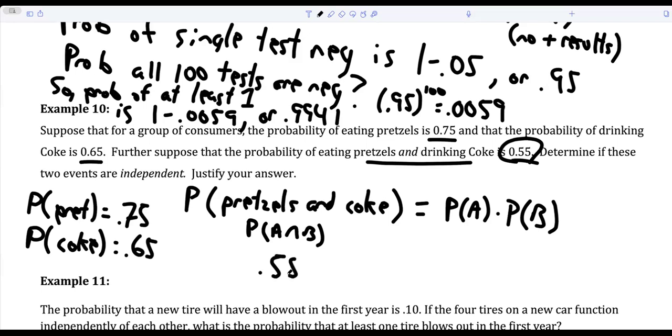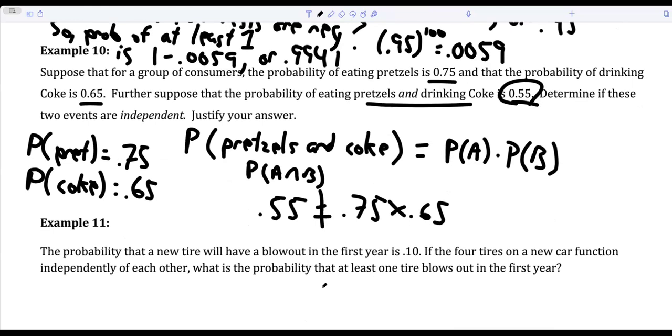So we do 0.55 and we check to see if that is equal to 0.75 times 0.65, and it must be exactly the same. And in this case, it is not. Therefore, these events are not independent. Three dots mean therefore. These events are not independent.